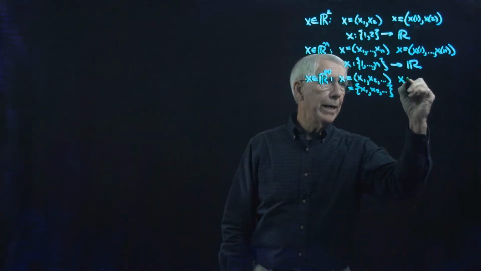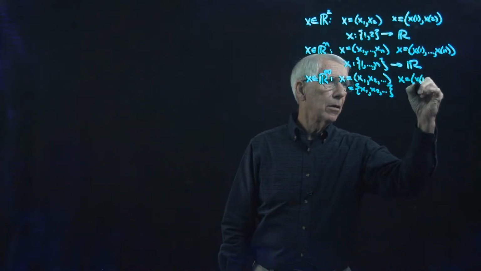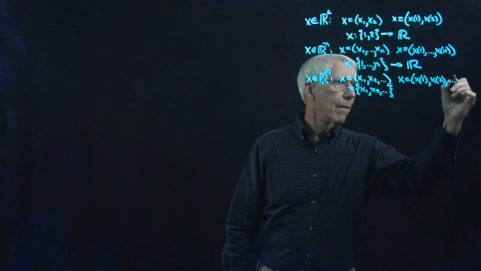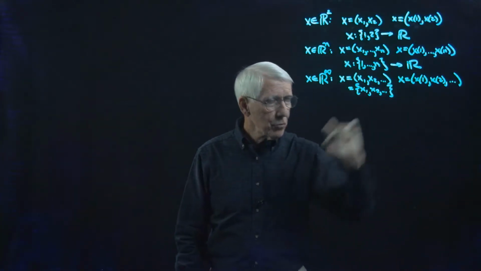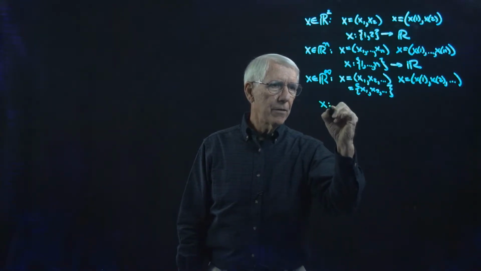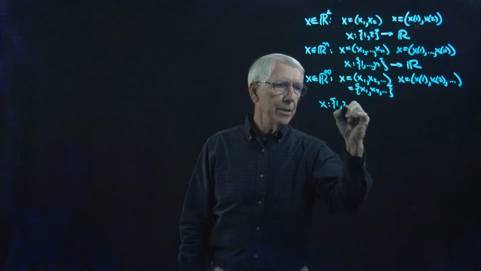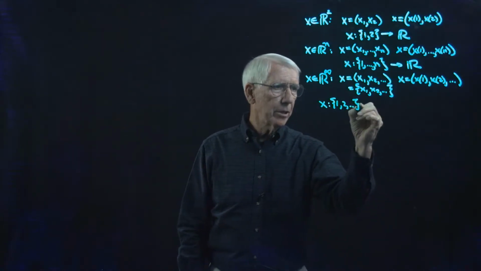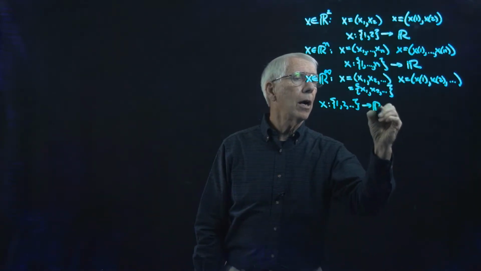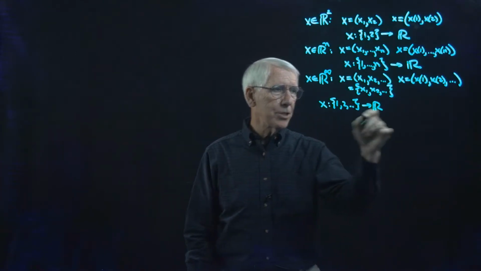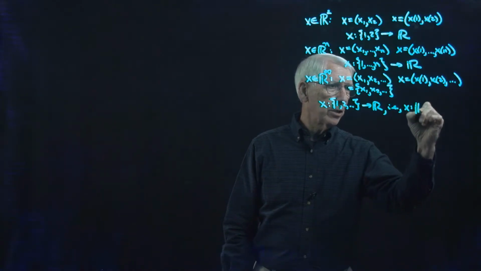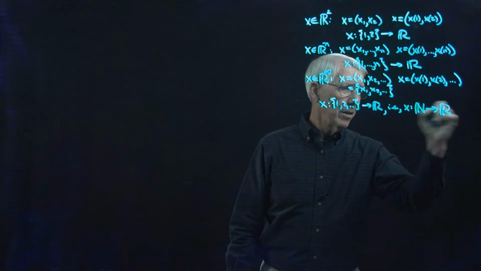And of course, we could again write it this way. And writing it this way, again, makes it clear that every x in here is a function from the set 1, 2, and all the way out, continuing to go on forever, all the natural numbers, into R. And so, of course, I could rewrite this set as just N. x is a function from the natural numbers into R.